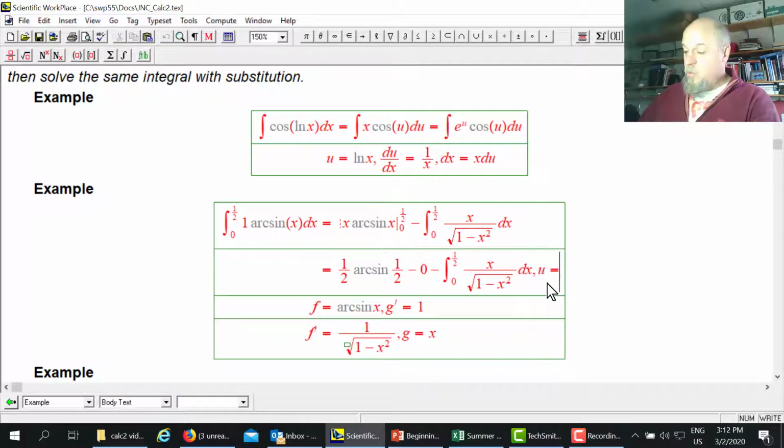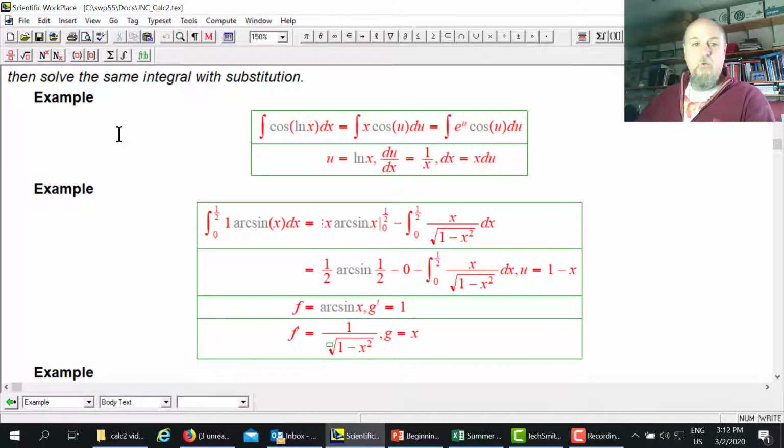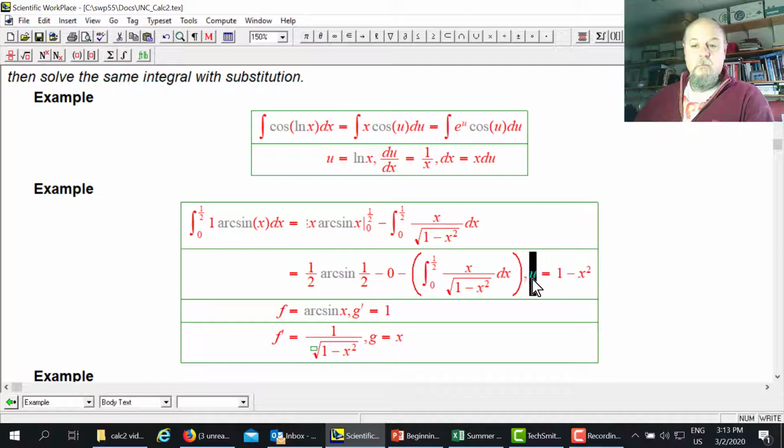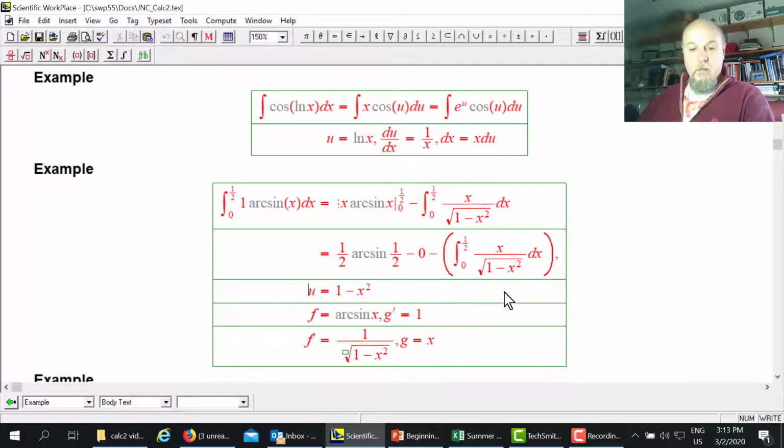if I let u equal to 1 minus x squared, then a multiple of the derivative of what I'm letting u is on the top. So now I'm just working with this piece here. That means that, okay, substitution is at least a two-part process.